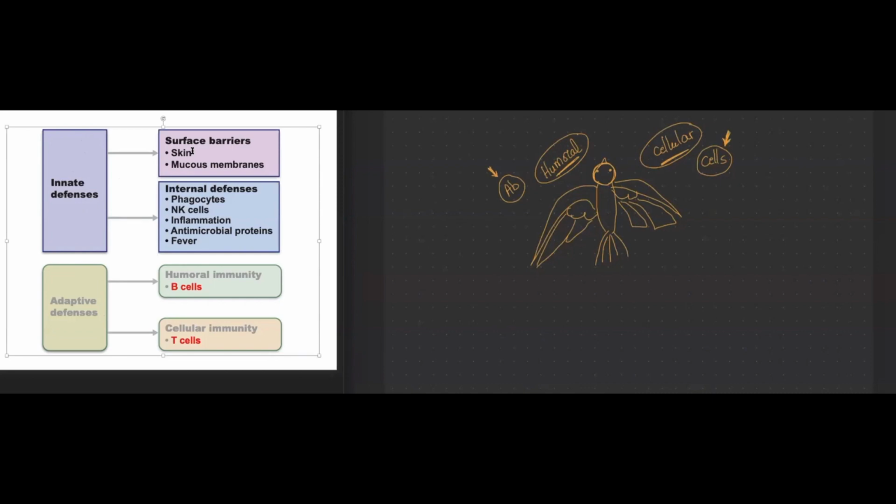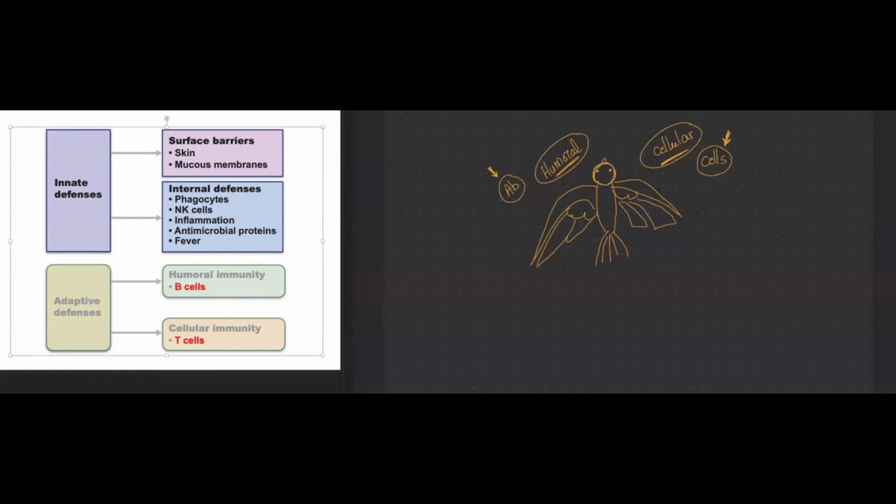And you have internal defenses, which are either cells, chemicals, or responses. Cells like the phagocytes and natural killer cells. Responses like fever and inflammation. Chemicals, as we're going to see, like interferons, for example.